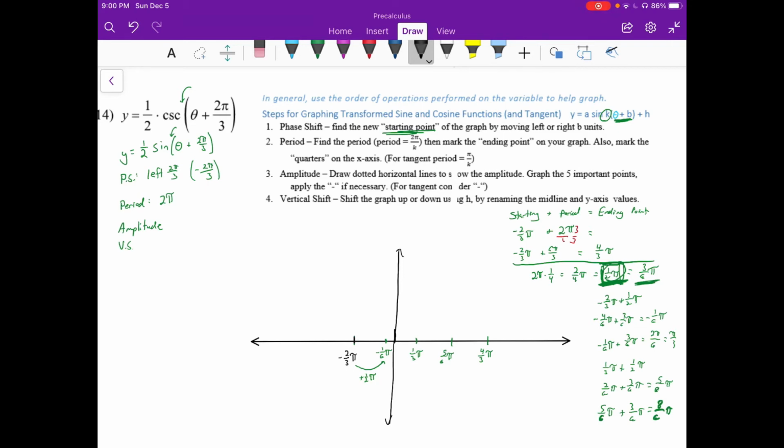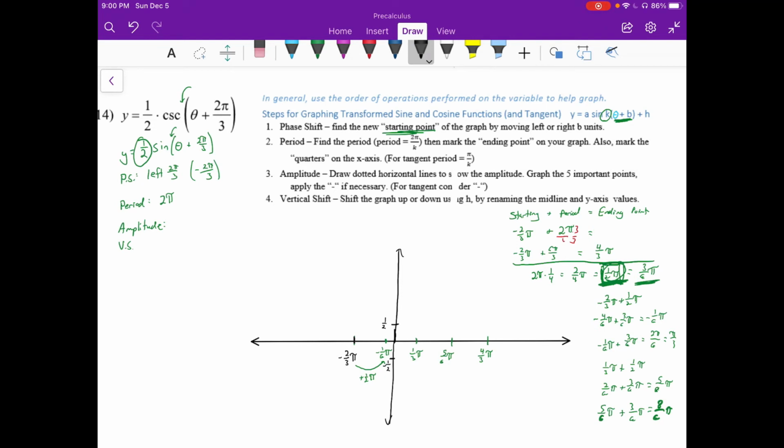Now we're going to talk about amplitude. The amplitude is what's multiplied. We're doing the sine one, so we want to look at the 1/2. So our graph is just going to go up to 1/2 and down to negative 1/2.